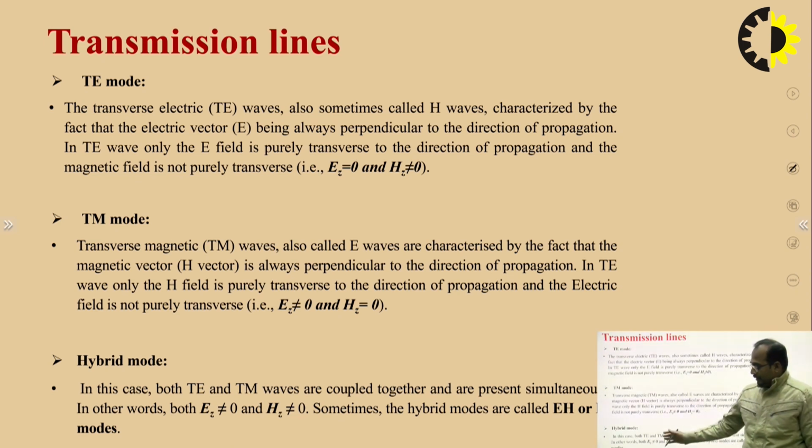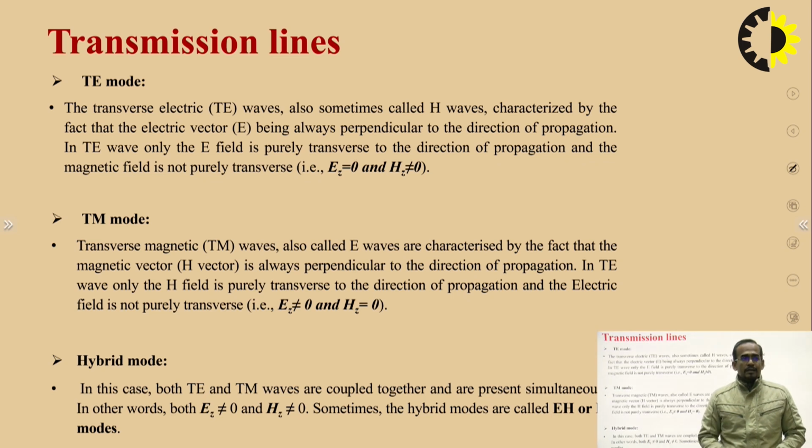And in hybrid mode, both TE and TM waves are coupled together and are present simultaneously. In other words, both Ez and Hz are non-zero. Sometimes hybrid mode is known as HE or EH mode.